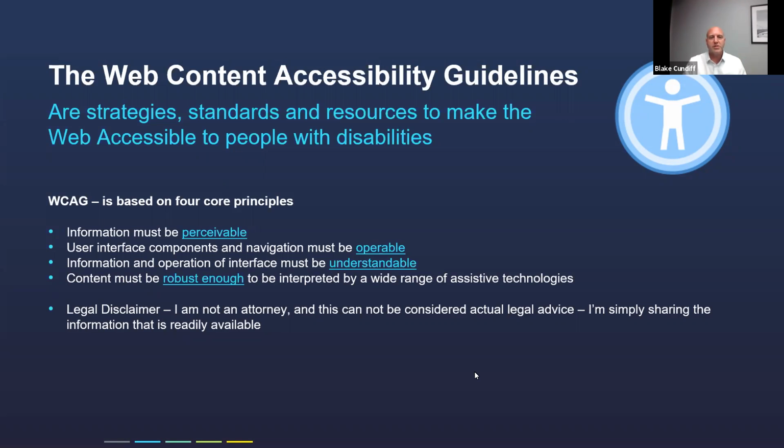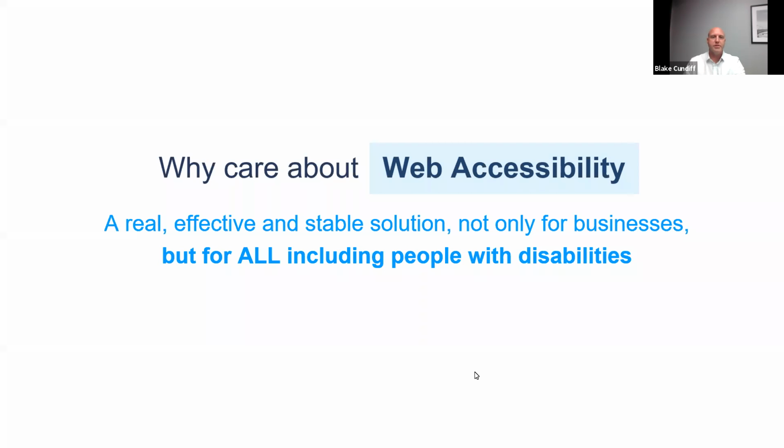And then it must be robust enough to be interpreted by a wide range of assistive technologies. And that's what I was referring to when I said an external device that's assisting in the way that that information that's perceivable, operable, understandable, it has to be robust enough to tie into and adapt to all those different assisted technologies.